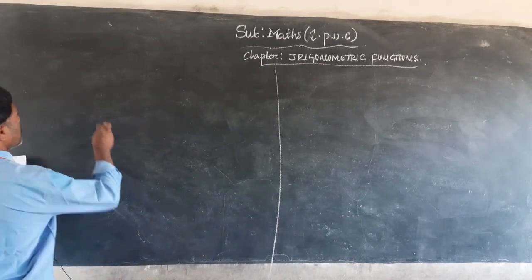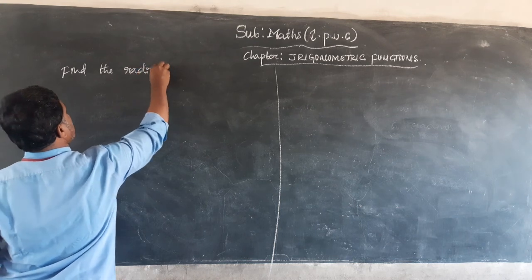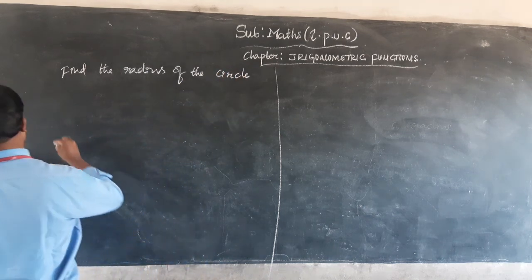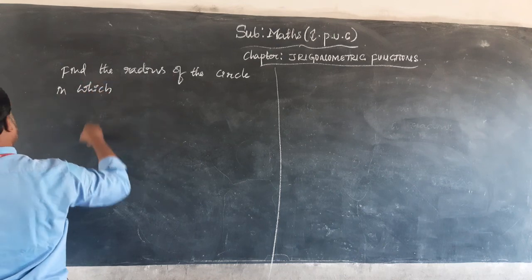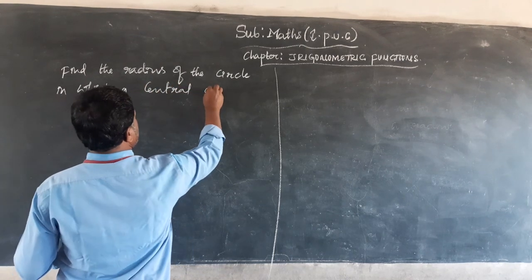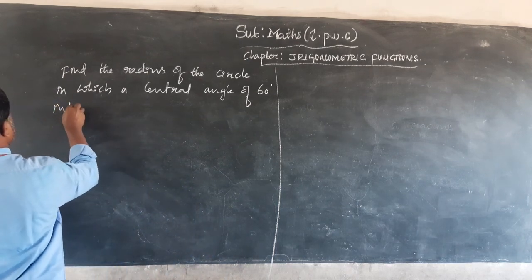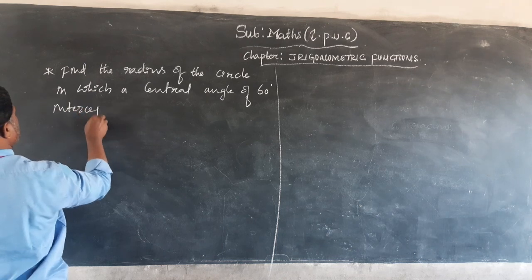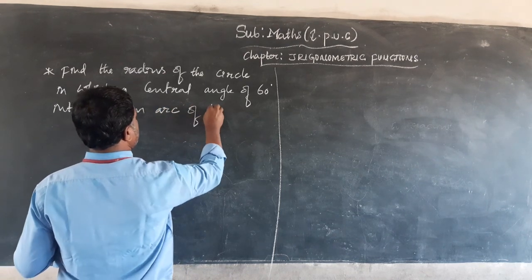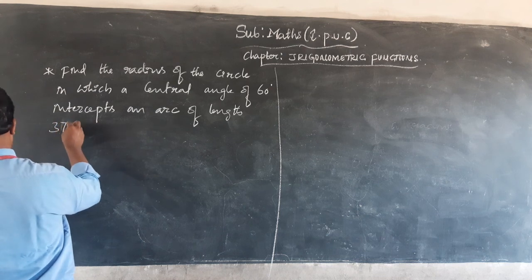Find the radius of the circle in which a central angle of 60 degree intercepts an arc of length 37.4 centimeter.